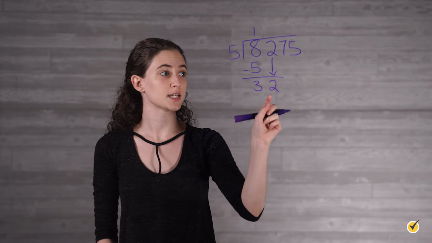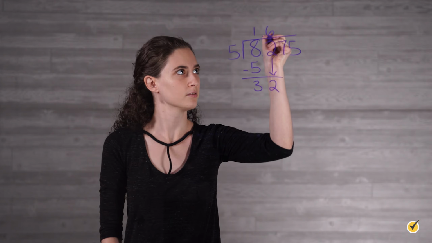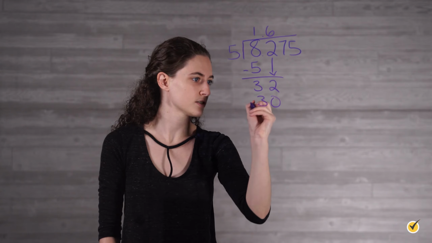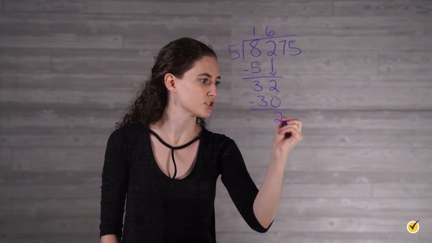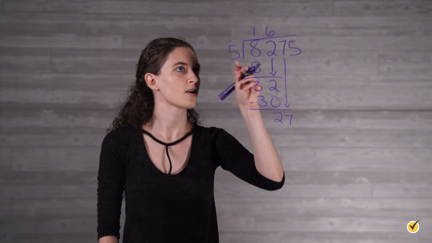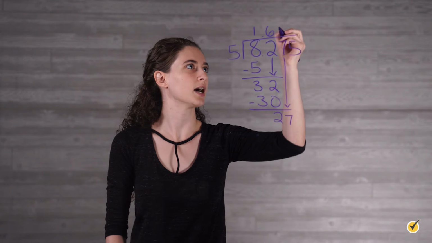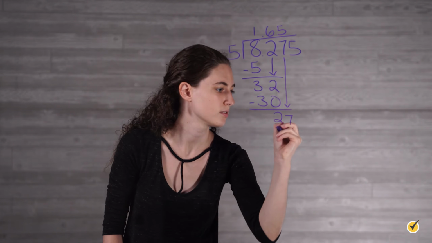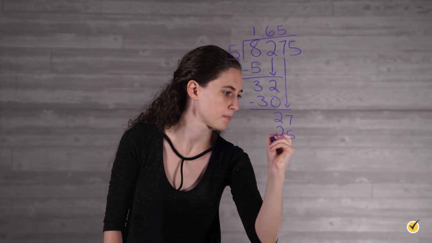5 goes into 32 6 times, so we're going to write a 6 up here. 5 times 6 is 30. Write down the 30 and subtract. This gives us 2, and then we're going to bring down the 7. 5 goes into 27 5 times, so we're going to write a 5 up here. 5 times 5 is 25. Subtract 25.